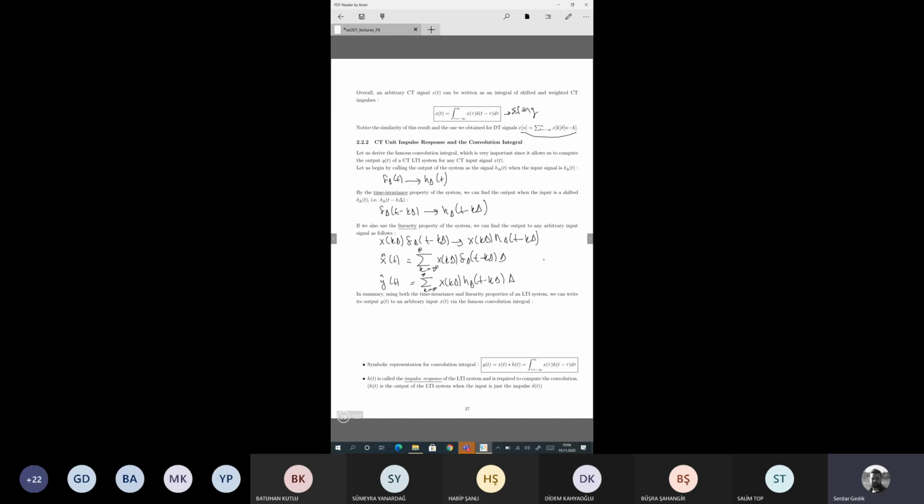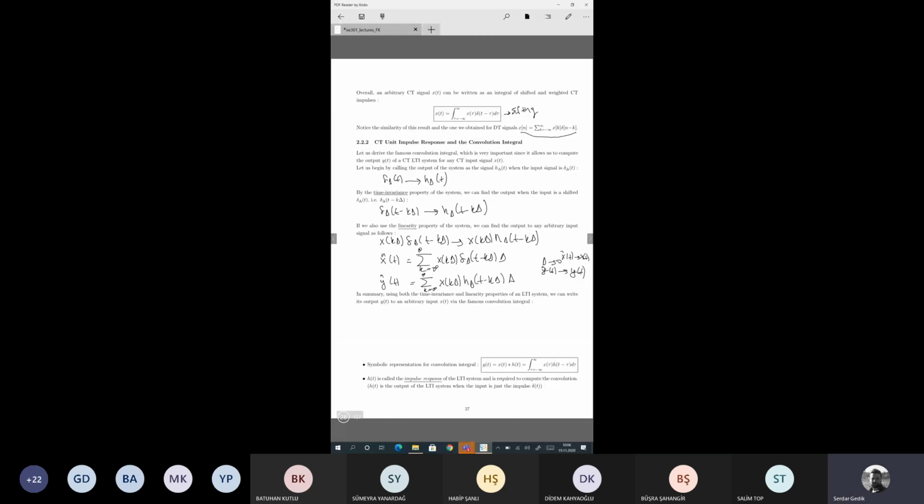And I know that as delta goes to 0, x cap of t is going to x of t, and y cap of t is going to y of t. So this is my note.